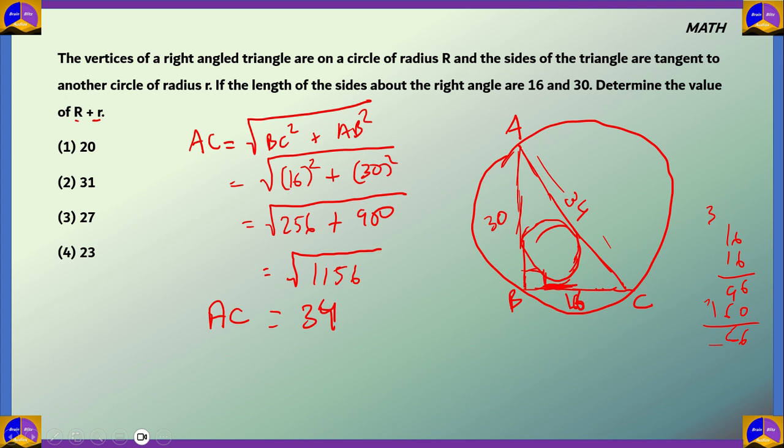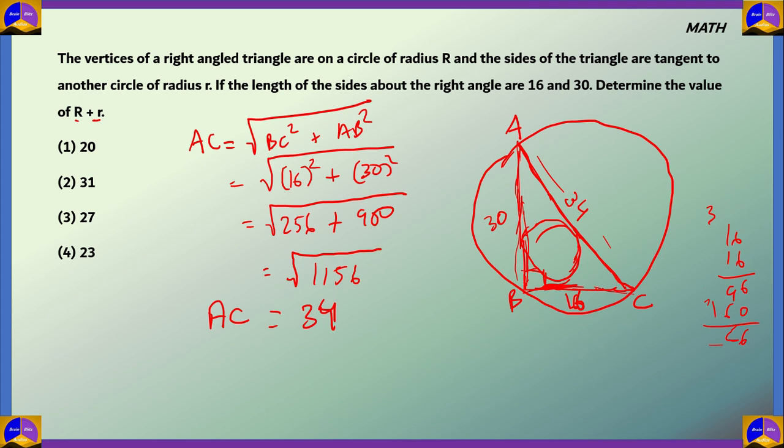Now you will be wondering, how is this related to the radius of the circle. As you can see, AC is the chord of the circle, and it forms a right angle at one of the sides of the circle.